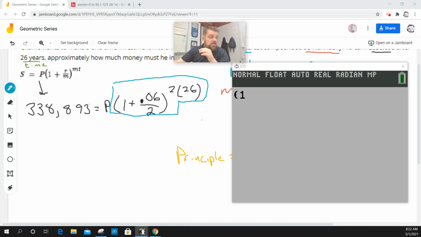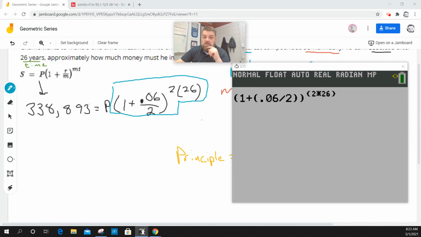So I've got 1 plus, but now for my fraction, I'm going to put that in parentheses. So that's going to be 0.06 divided by 2, close the parentheses, and close the parentheses again. Now I'm going to raise that to 2 times 26, in parentheses.